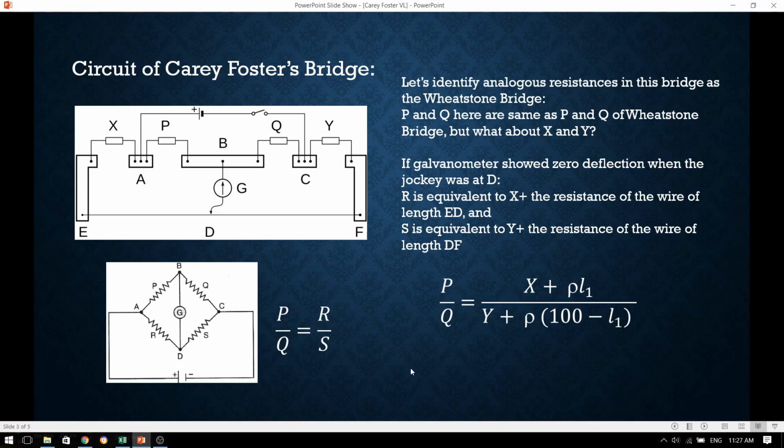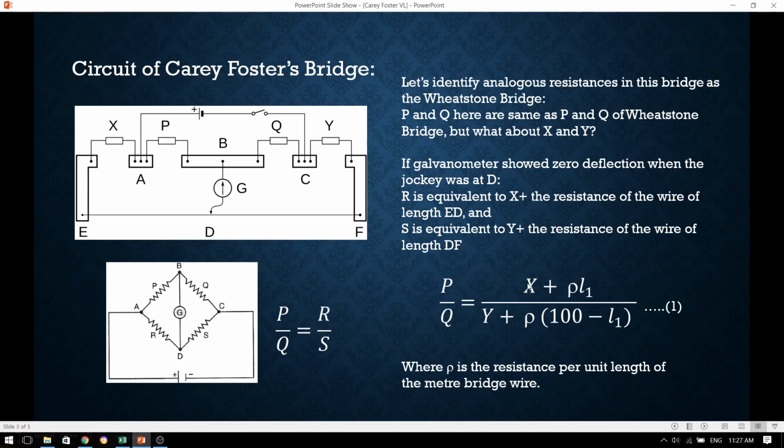The rho you can see here is the resistance per unit length of the meter bridge wire. Resistance per unit length multiplied with the length of the wire gives the resistance of that part of the wire. So if the length of ED is L1 and I multiply it with the resistance per unit length rho, I get the resistance of the wire ED.